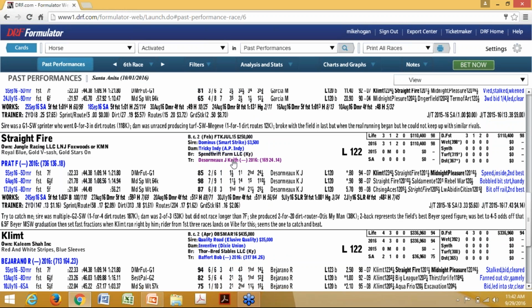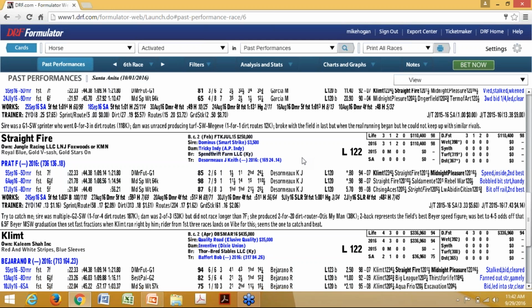Okay. Now people say, well, Kevin, how do you come up with what you put into your column? What do you use? Obviously, I'll use the surface, the distance, sometimes the class. Now, if you can't get a good sample size using class, you could incorporate odds because, like I said, it goes to the horse's caliber within that race.